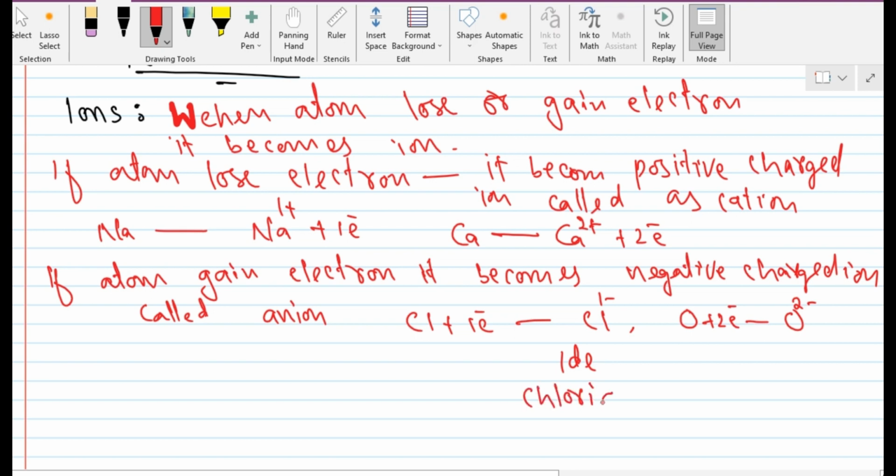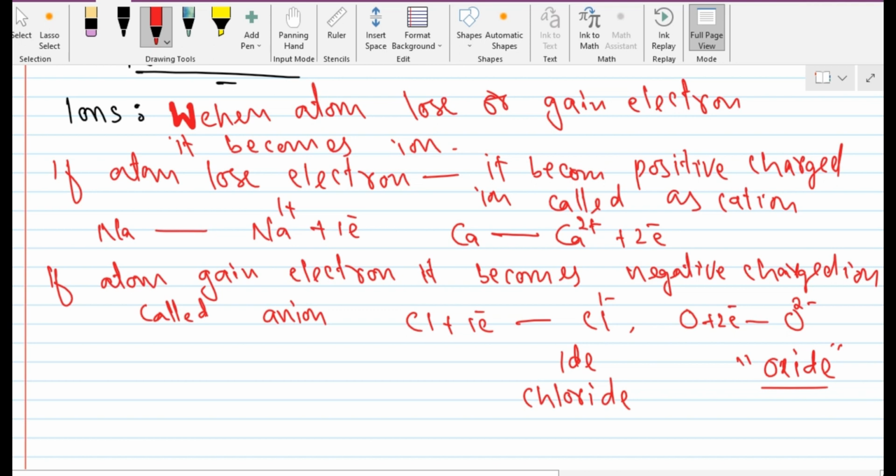Before this was oxygen, but after conversion into a negative ion, it changes into oxide. Just remember that.